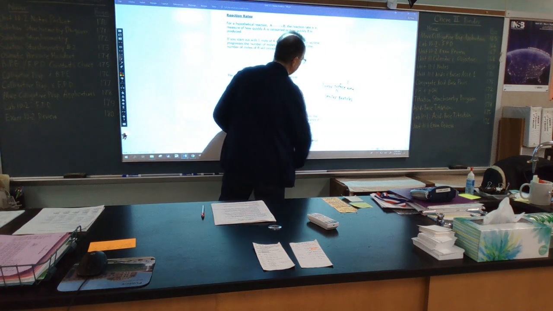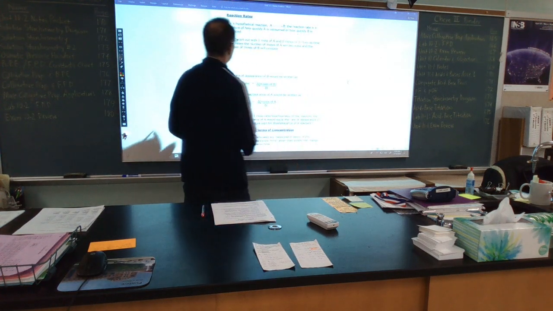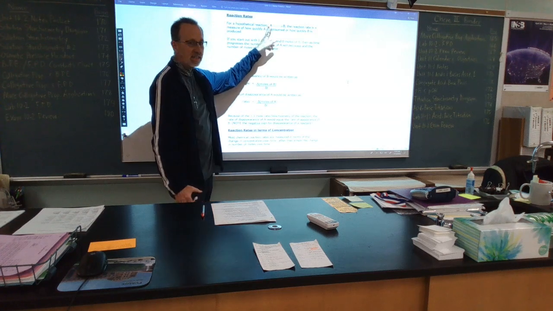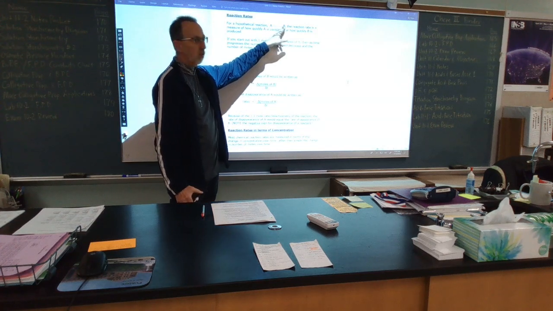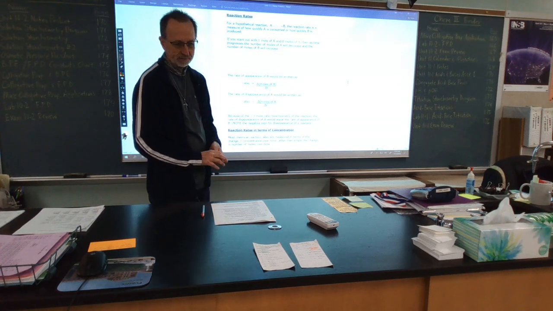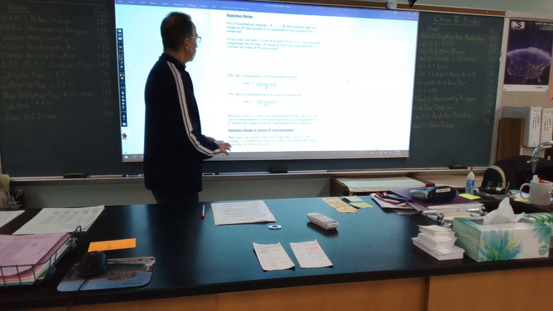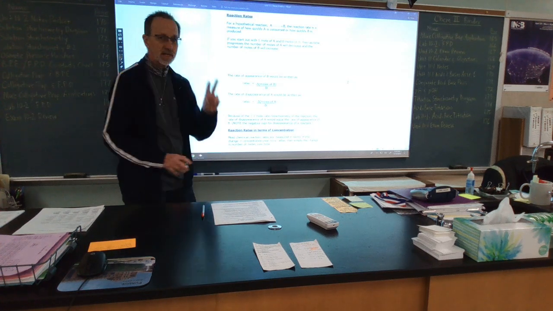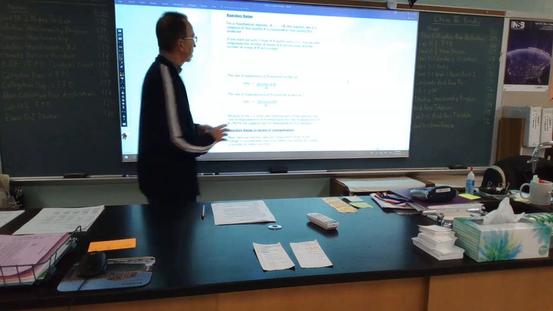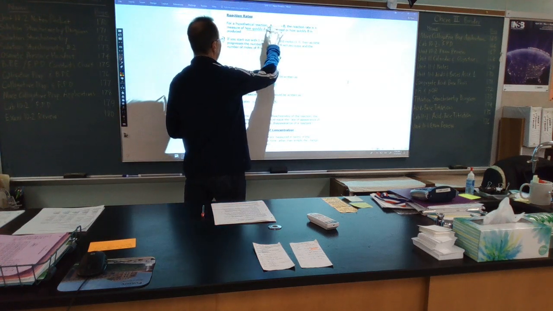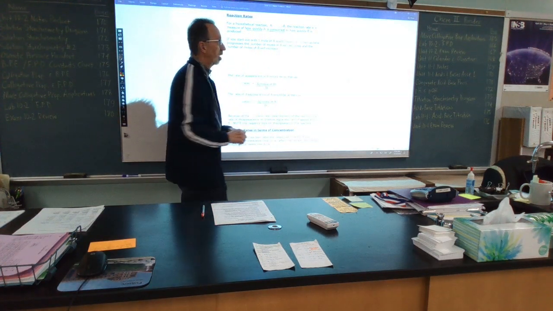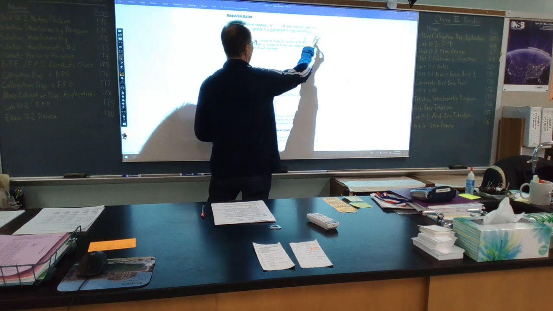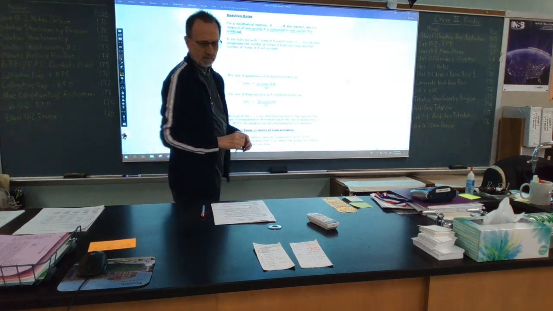So here we have a hypothetical reaction where reactant A forms product B. The reaction rate is the measure of one of two things: number one, how quickly A is used up, or number two, how quickly B is produced.